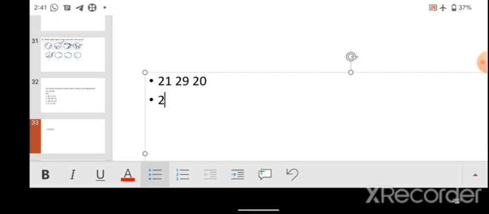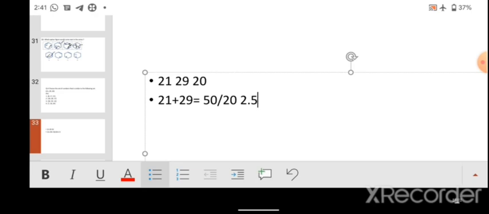So 21 plus 29 gives us what? 50. Now 50, we can see any relation between 50 and 20, but if you try to find a relation, 50 by 20 will give us 2.5.